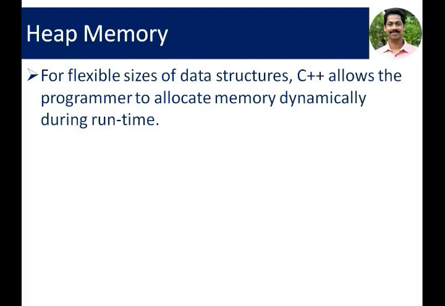In heap memory, a programmer can allocate memory in the program, but the physical allocation is actually done at the time of program running, because the size of the data structure or data item is not decided in advance. That is decided depending on some situation inside the program.